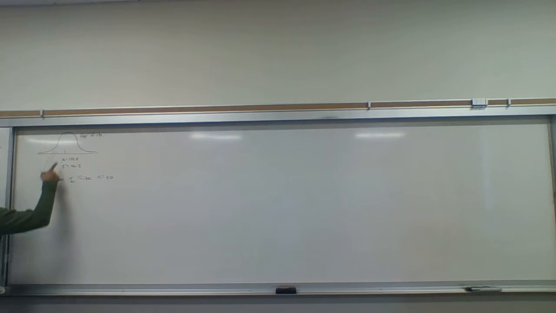Okay, so we know that if we have that kind of a situation and we take samples, then when we take sample values of size 50, every one of these samples from this population is going to give me different results. So the first one might have a sample mean of 150.8. The next one might have a sample mean of 162.7, and so on and so forth, right?